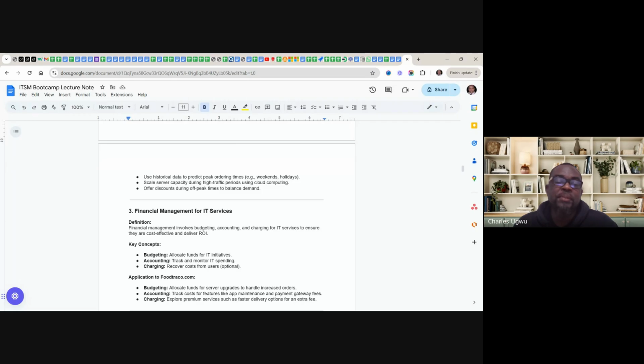Track and monitor spending and recover costs from users. This is optional, because most of the time you don't need to charge users. For instance, if they are internal users, you don't need to charge them. And if you are in a business like social media, where users use the application free, you don't need to charge them immediately.